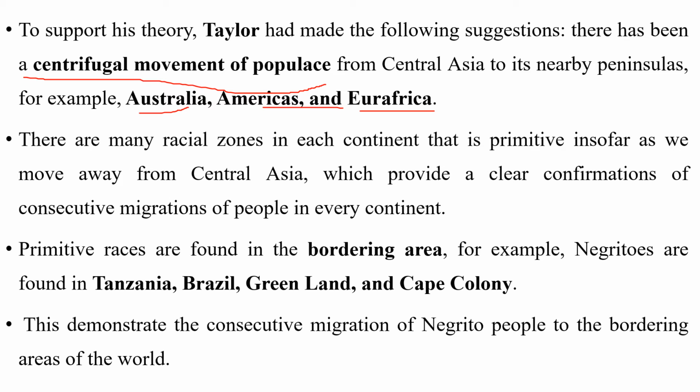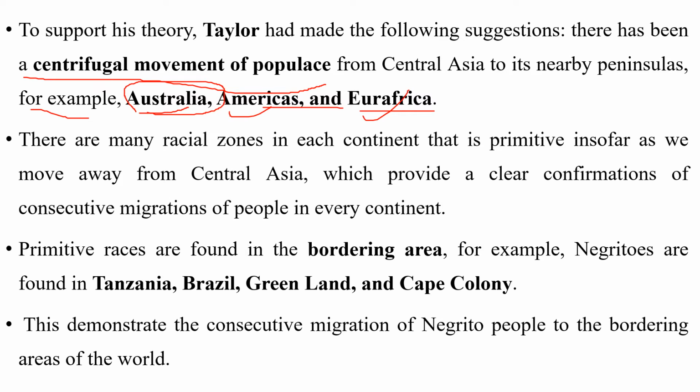Means Central Asia is the land of the evolution of human beings, and nearby are the peninsulas. Which are the peninsulas? The Arabian Peninsula, the European Peninsula, and the African Peninsula. So he gave the example of America, Eurafrica and Australia also.